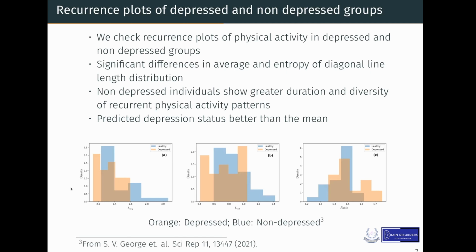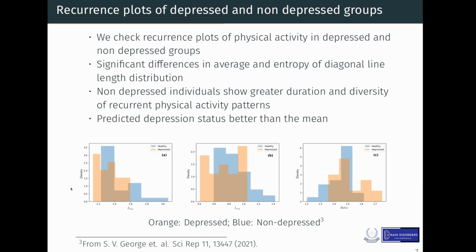We try to interpret this a little bit, and what we interpret this as is that the average diagonal line distribution is associated with the duration of recurrent physical activity, and the entropy is associated with the diversity of recurrent physical activity. Let me take a minute to explain that.